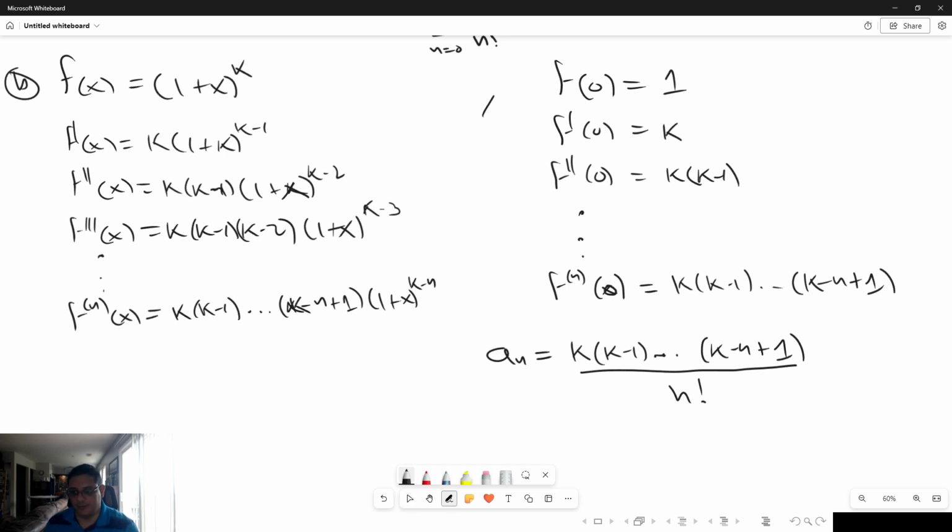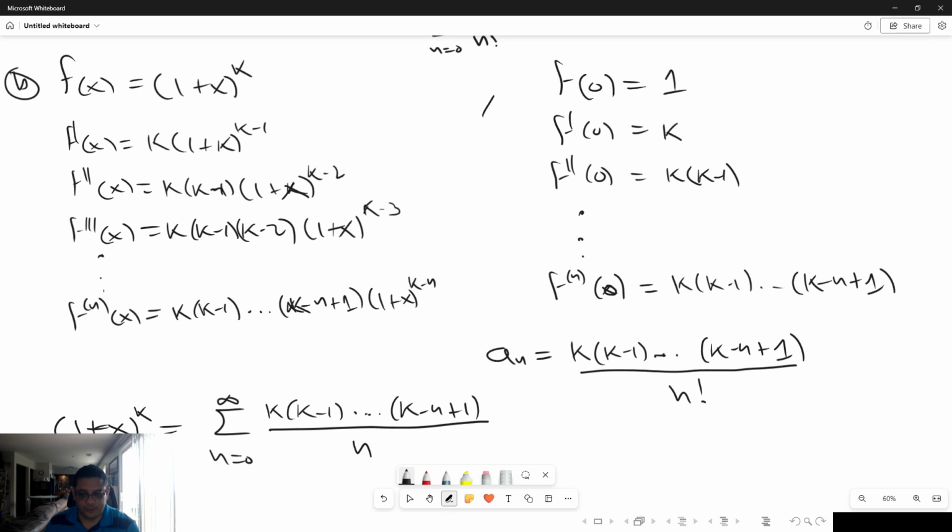In this case, we simply write (1 plus x) to the k, or the binomial to the k, can be seen as the series from n equals 0 to infinity of k times k minus 1 times up to k minus n plus 1 over n factorial, x to the n. Okay, this is just a representation of what we are used to calling the binomial series.